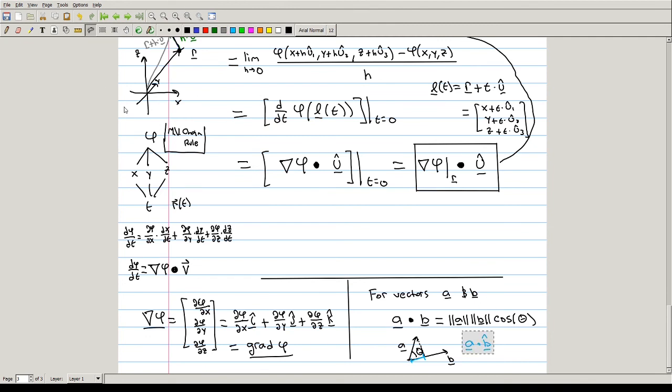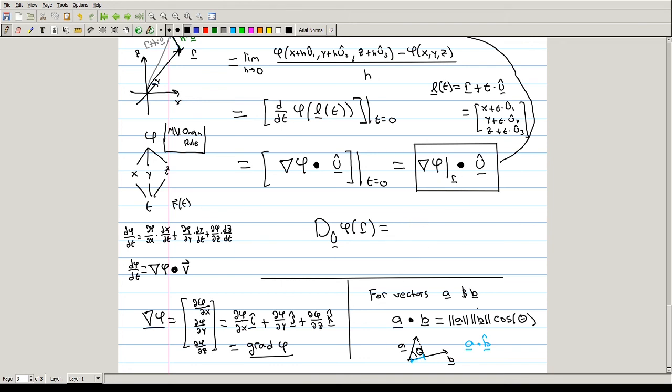So another interpretation of this formula is a direct geometric interpretation, which says that the directional derivative of a scalar function in the direction of u hat at the point R is the exact same thing, using this formula right here, as the projection of the gradient vector in the direction of u hat.